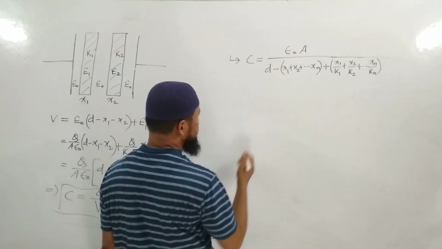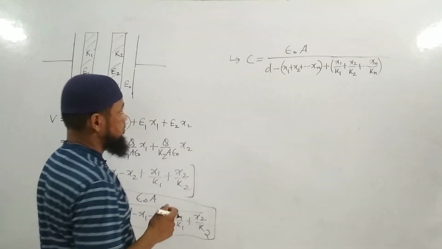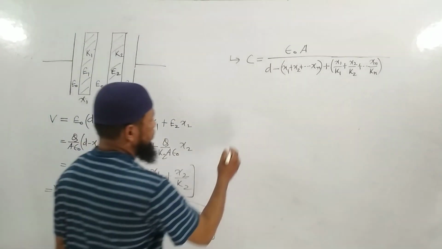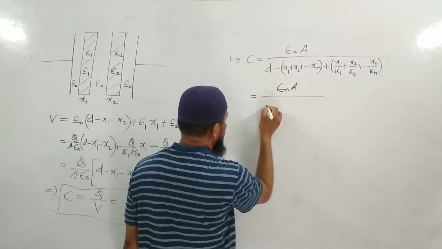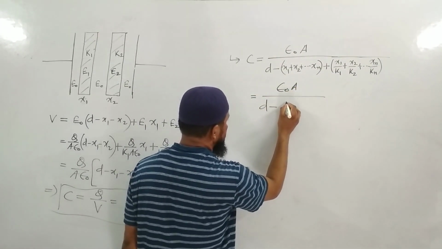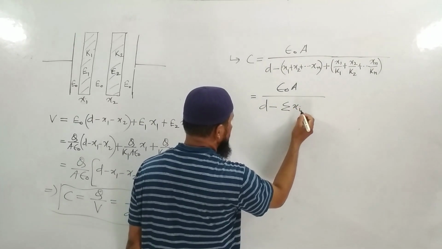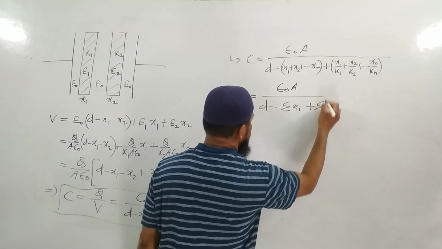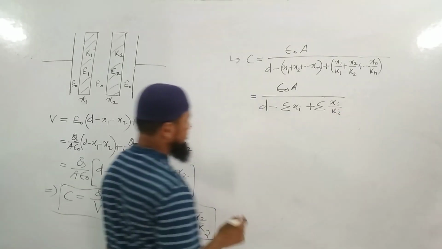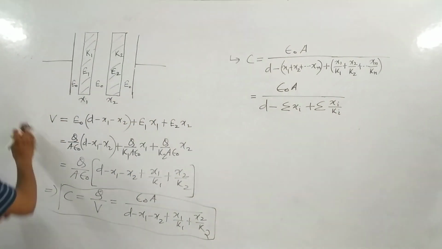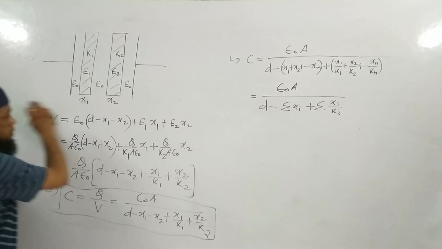Clear? So this is how we can do it. Summation over: epsilon naught A divided by D minus summation of Xi plus summation of Xi by Ki. Done?